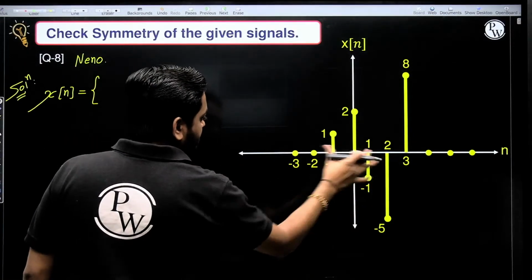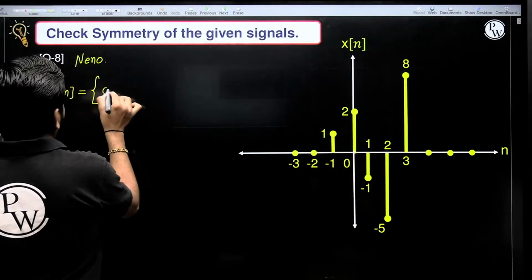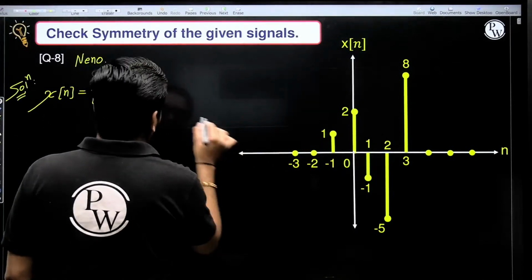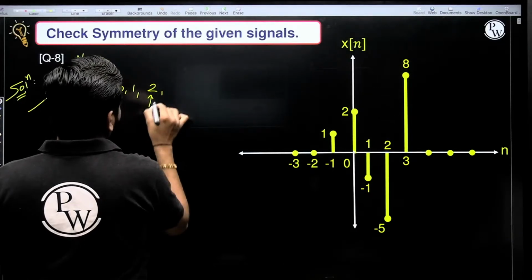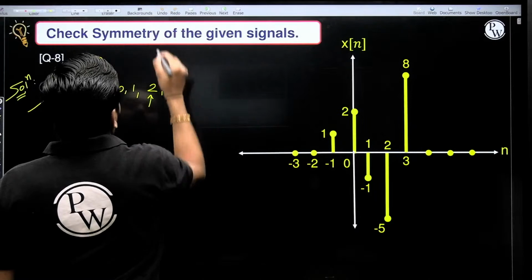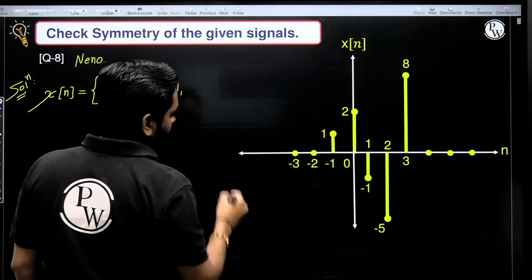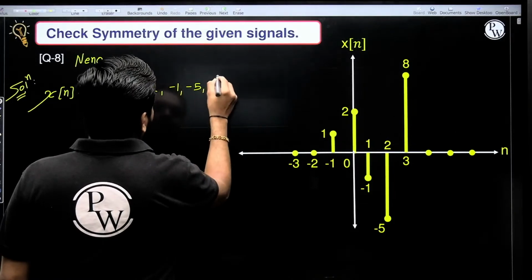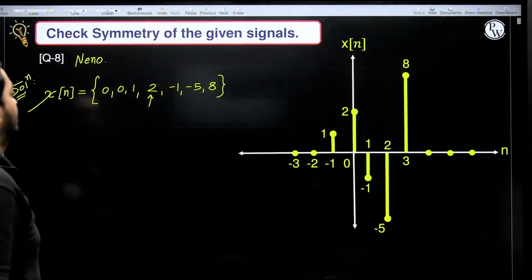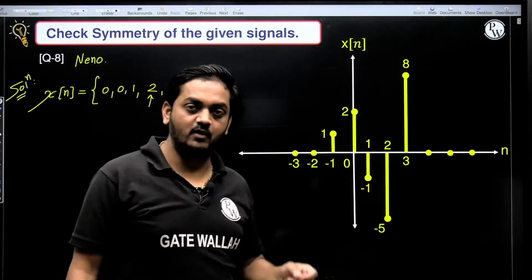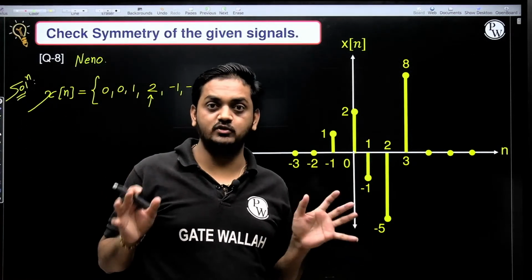So here 3 samples, so here also 3 samples, take 0, 0, 0, 0. This is 1. At origin 2, correct? Next is minus 1, minus 1, minus 5 and 8, correct? So 3 samples, 3 samples. It will be very easy to calculate odd part and even part if there are equal number of samples on both the sides. Okay.